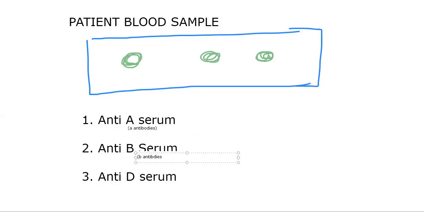Then anti-B serum contains B antibodies, which can bind with B antigens. Anti-RH serum contains RH antibodies, which can bind with RH antigens. Now I'm adding them to the three blood samples.